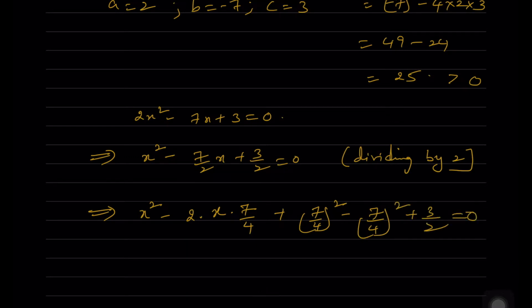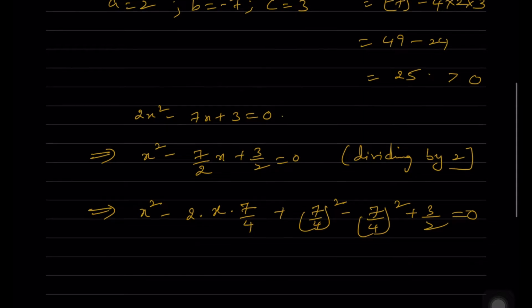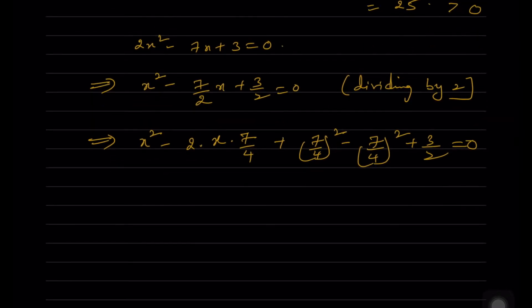So we have not changed anything in this. We have just multiplied and divided with the 2 for the second term, 7 by 2. So we multiplied and divided. We got a 7 by 4. So what we are doing is adding and subtracting the square of this term. So it doesn't change the value of the equation, it remains same.